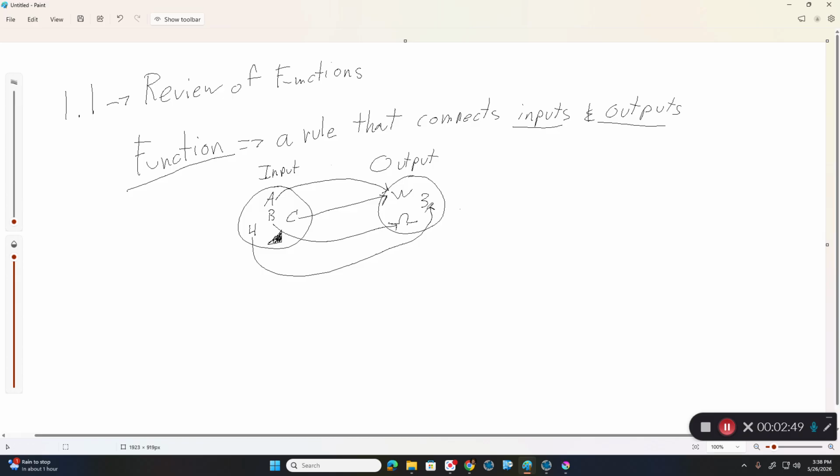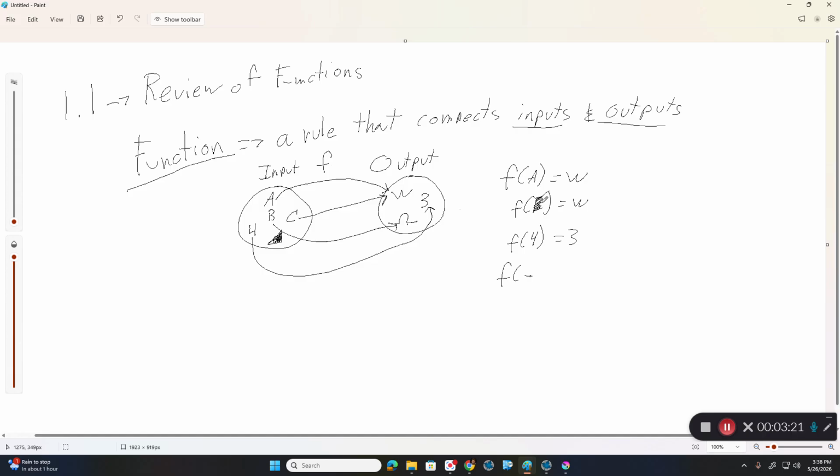So for this specific function, we typically call a function f. In this case, we see that f of a is equal to w. We also see that f of b is equal to w. And that turns out is fine. There is a repetition that I'll talk about in just a second. f of 4, looking at my lines, is 3, and then we have f of... oh, I'm sorry.